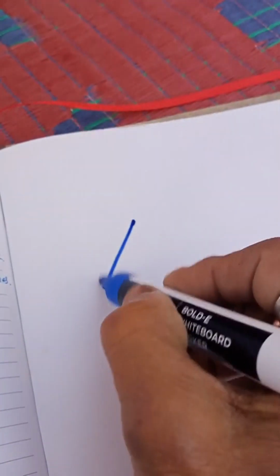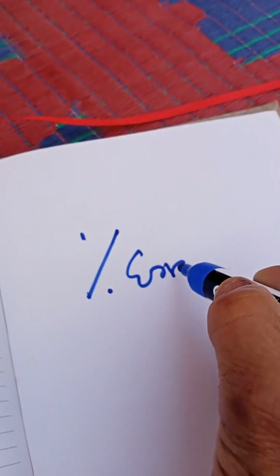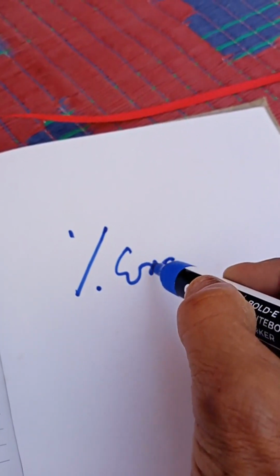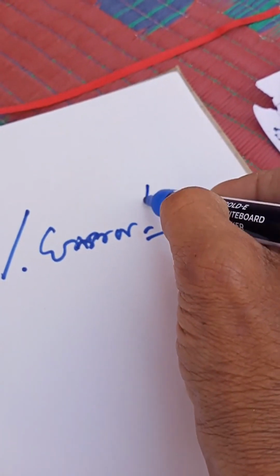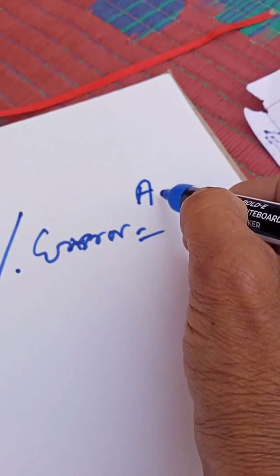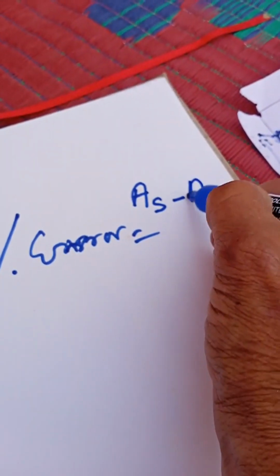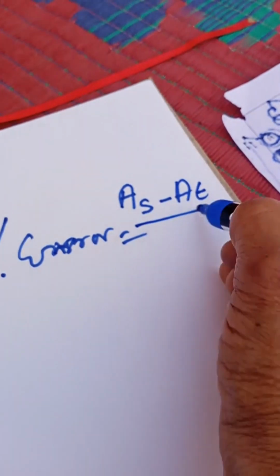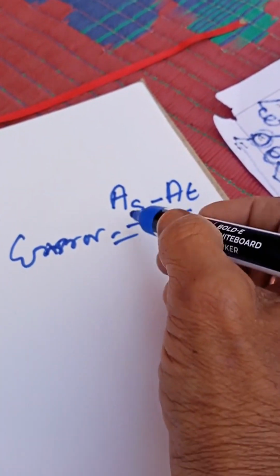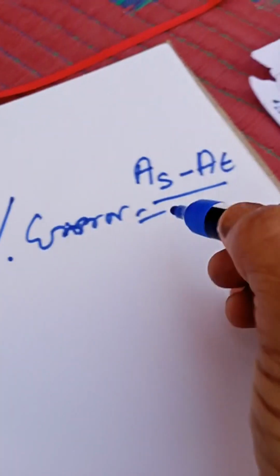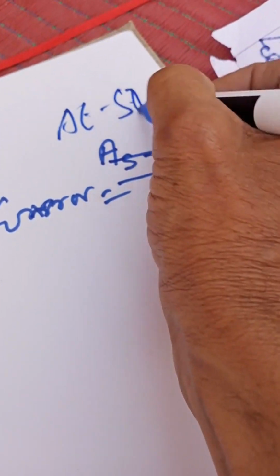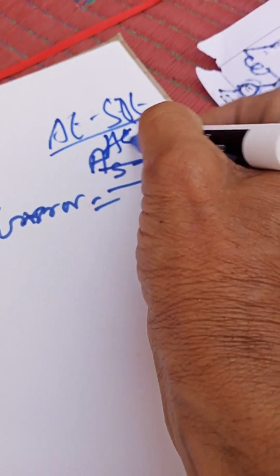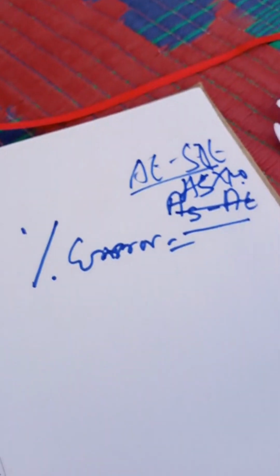Percentage of error is equal to, say, ammeter test minus ammeter standard, divided by ammeter standard, into 100. It is known to you very well, the formula.